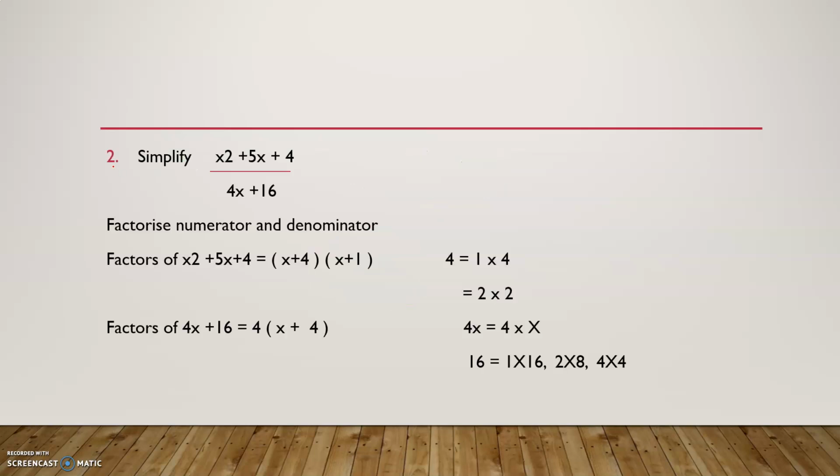Example number 2. Simplify (x squared + 5x + 4) divided by (4x + 16). So here we have a quadratic, because we have power 2 of x, hence it has two solutions.